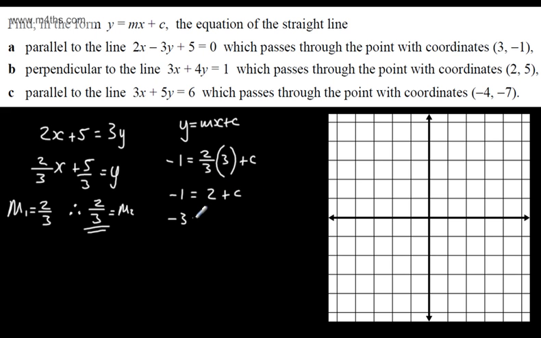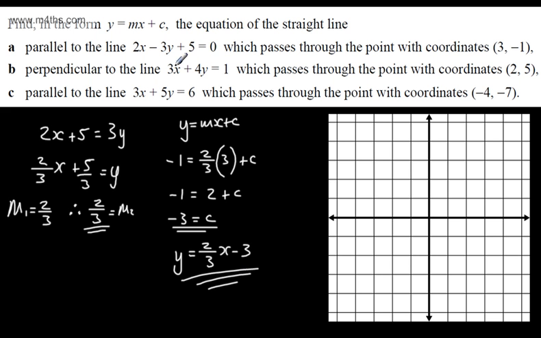Subtracting the 2, -3 is equal to c. Putting the equation back together, y is equal to the gradient, which is 2/3, so 2/3x minus the 3. And that will now give us the equation.